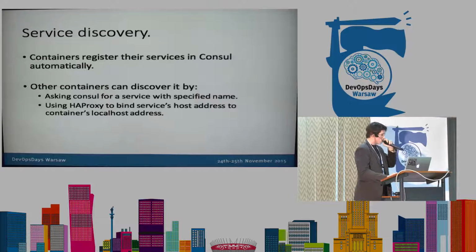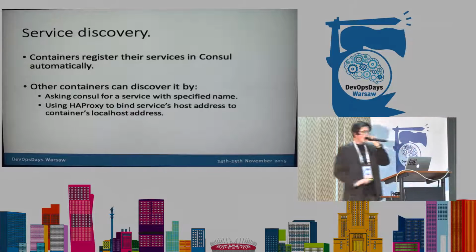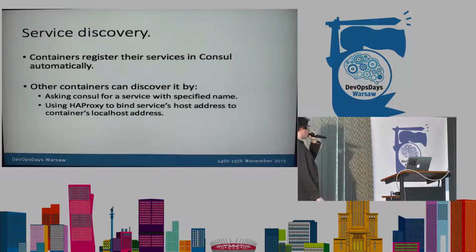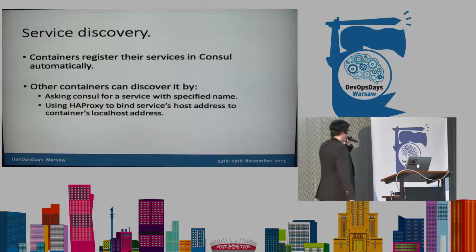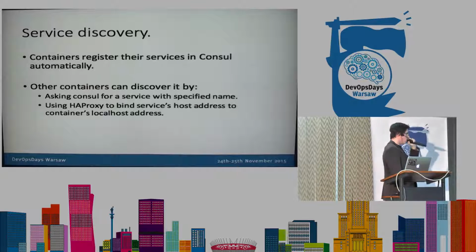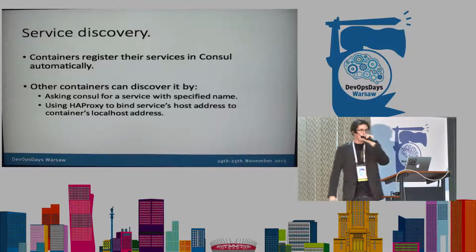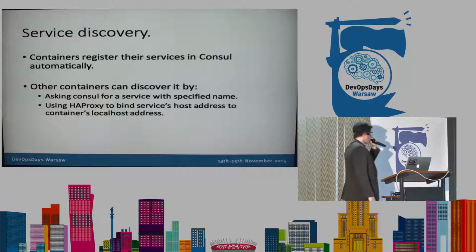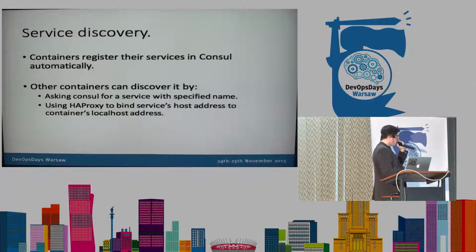So did I skip one? OK, so service discovery and how it works. Basically, as I said, when we start a service or a Docker container, let's say we stick to the rule where one container is one service. There can be more, actually, but let's keep it simple.